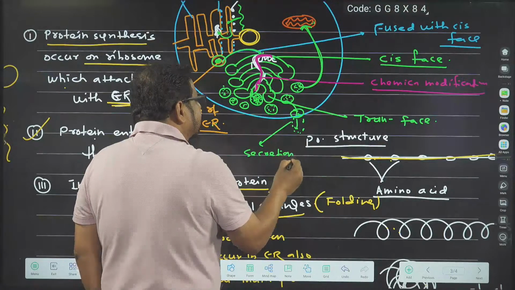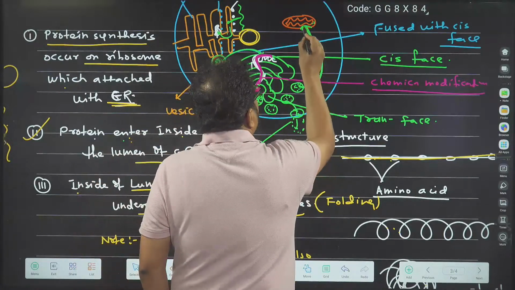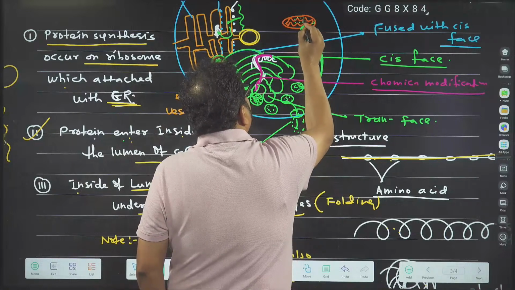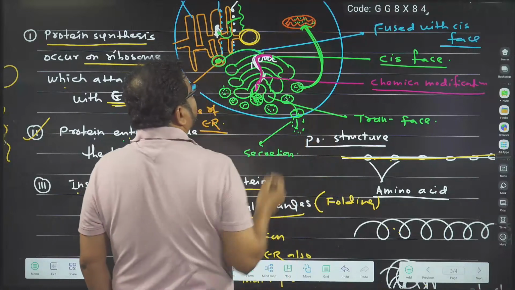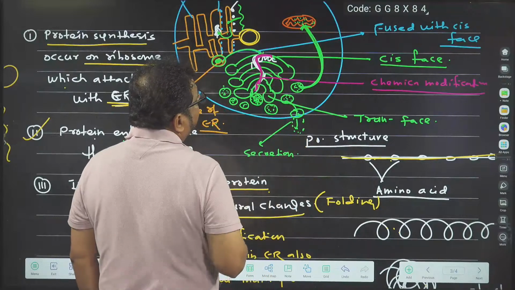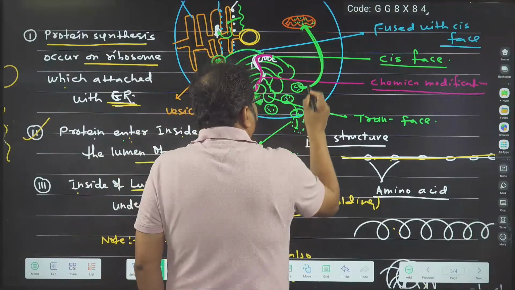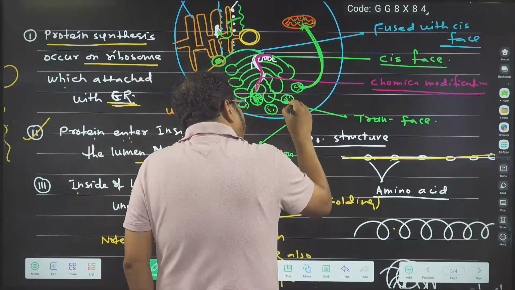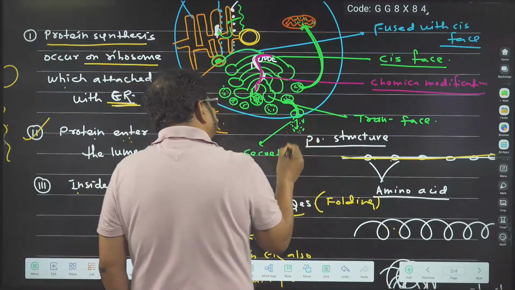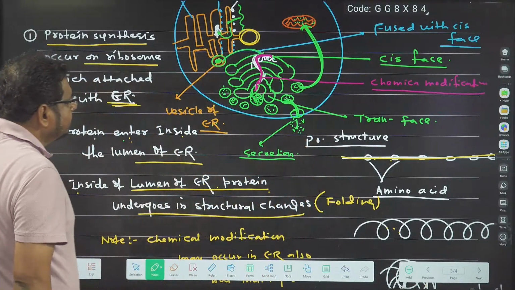The other is transport of macromolecules to an intracellular target, like mitochondria or another cell organelle. When it transports the molecule to the outside of the cell, it is called secretion.